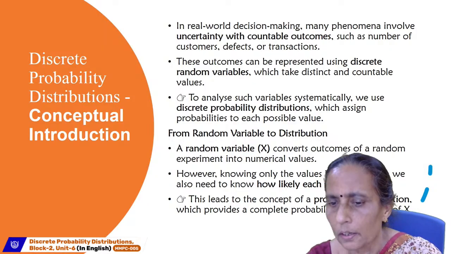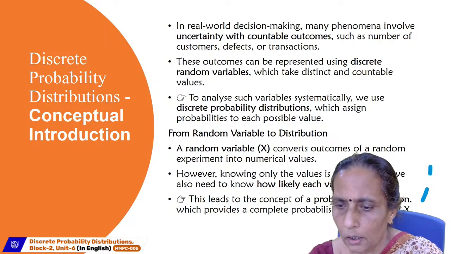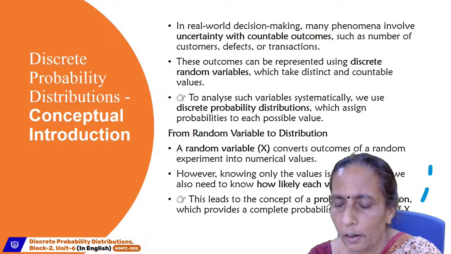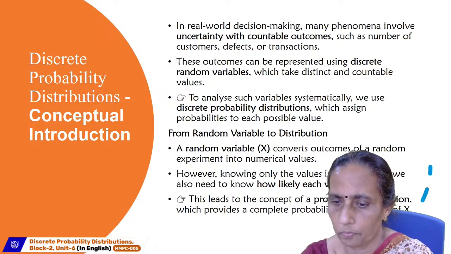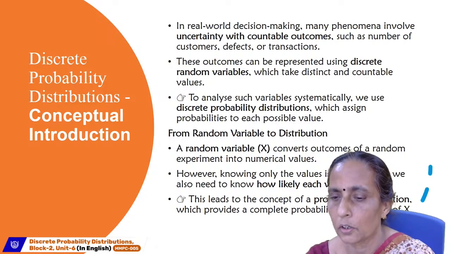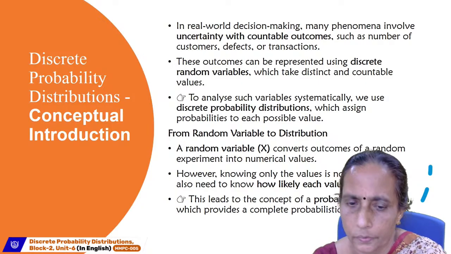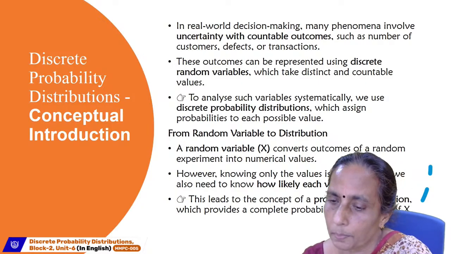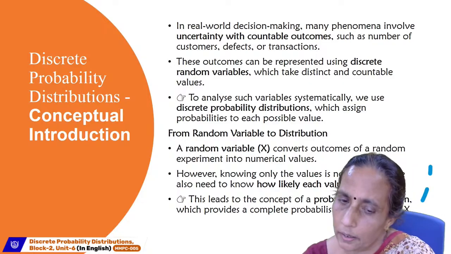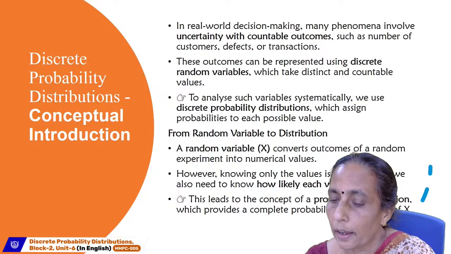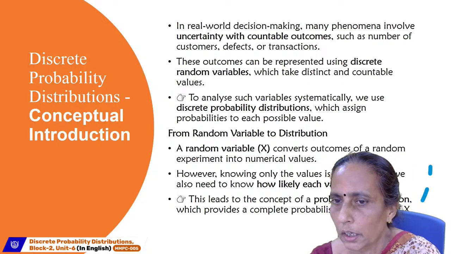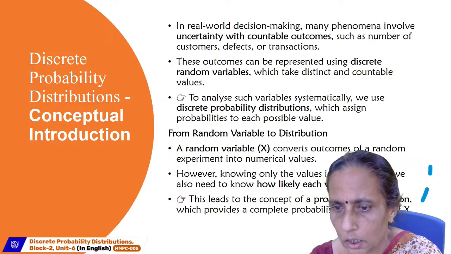I may find 0, 1, 2. What is the probability of getting 0 defects, 1 defect, 2 defects, and so on. This leads to the concept of a probability distribution, which provides a complete probabilistic definition of my random variable x.